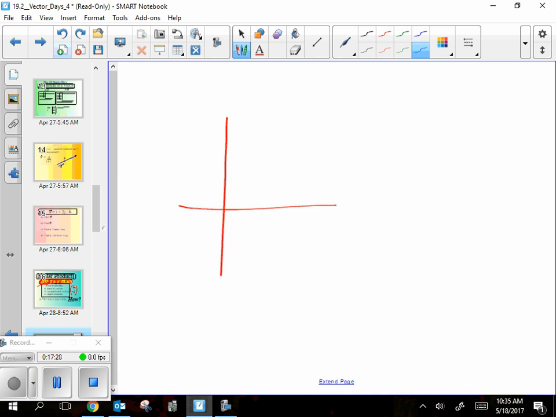All right, let's go with 8, 2. Could you buy that the vector is 8, 2? Okay. When I ask for the magnitude, it's really finding the hypotenuse. Does that make sense? So really, it's just the square root of... remember me saying at the beginning of the year, I didn't want you to write out a squared plus b squared equals c squared every time.